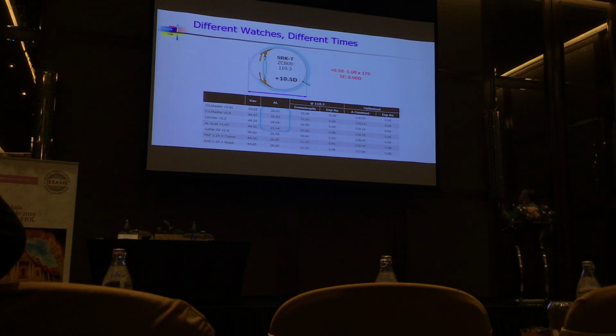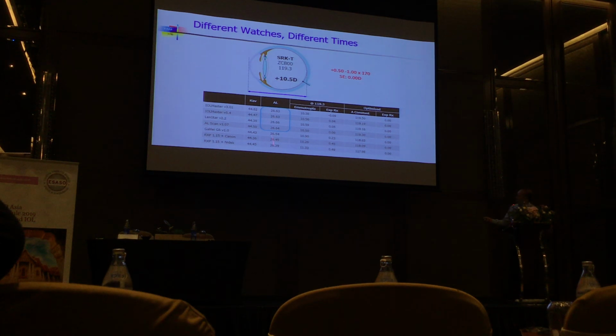Alright? Now, with a few optical biometers, you can see the measurement is very close to 1 and 9. That's why I say the A constant for Lenstar and IOLMaster won't be that much different. There is a difference, but it won't be that much. The difference is in K, but the K is also quite similar.